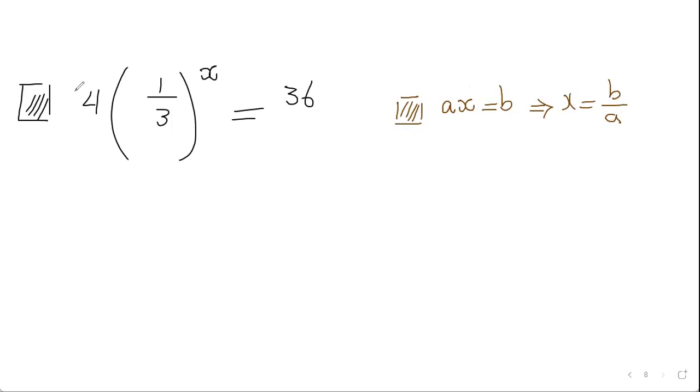Look at this. We have 4 here, which plays the role of the coefficient of x. Before we try to make the bases look like each other, it's better to divide both sides by 4 to get rid of that coefficient. Then we are left with two pure bases, not being annoyed by 4.